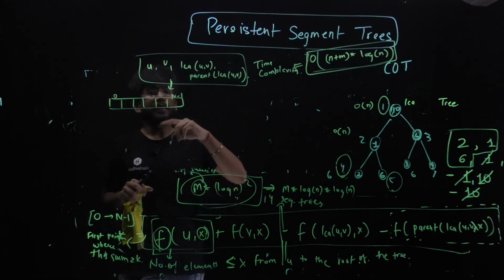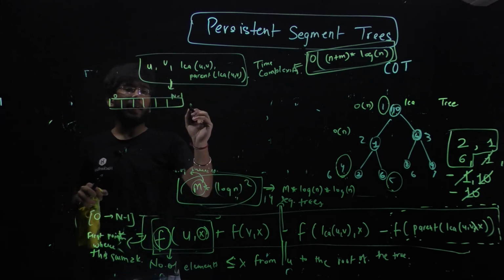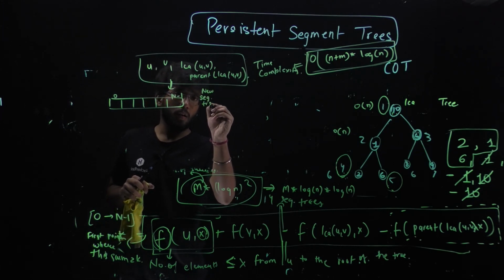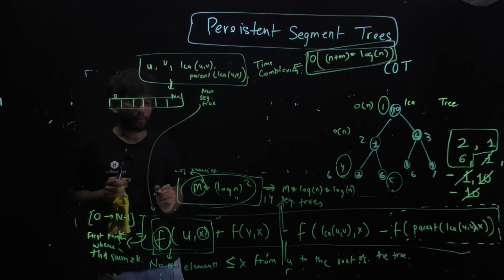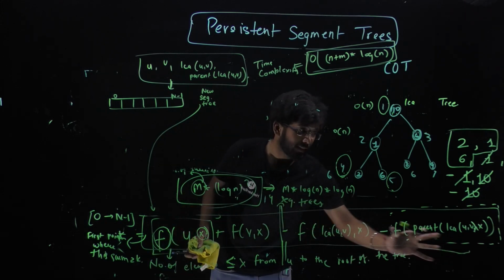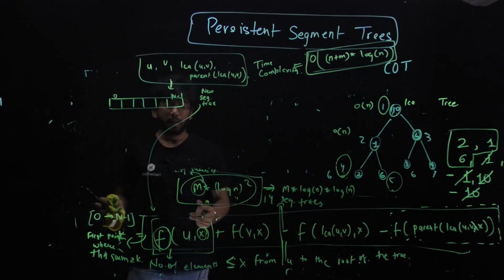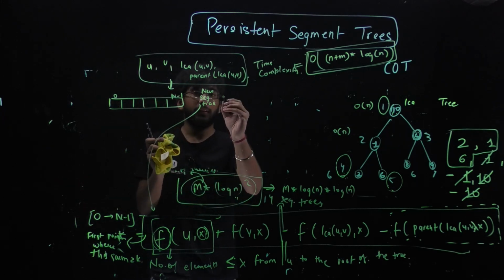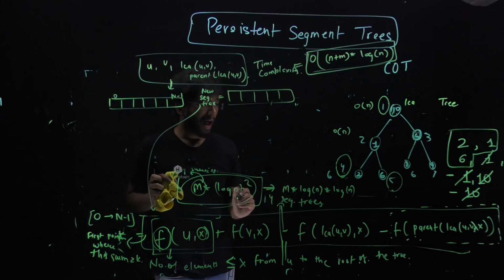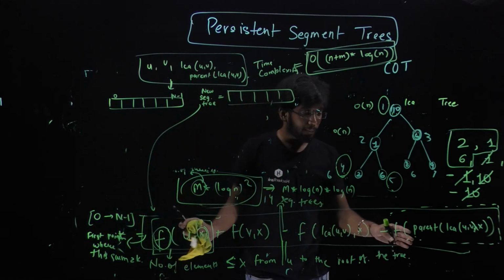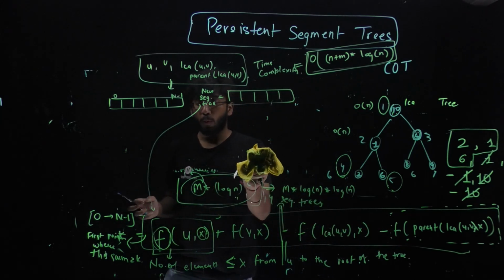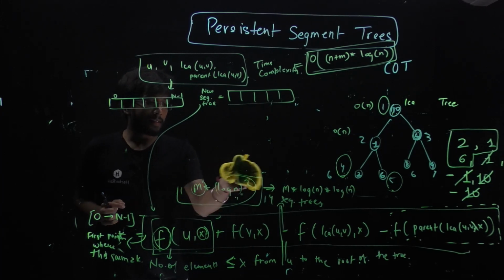So I can consider that I have formed a new segment tree which actually works as follows, which is the sum of these two segment trees minus these two segment trees. So this is how our new segment tree would look like, and it would be constructed from the 4 segment trees that I have already explained to you. But the point is, is this consideration correct?